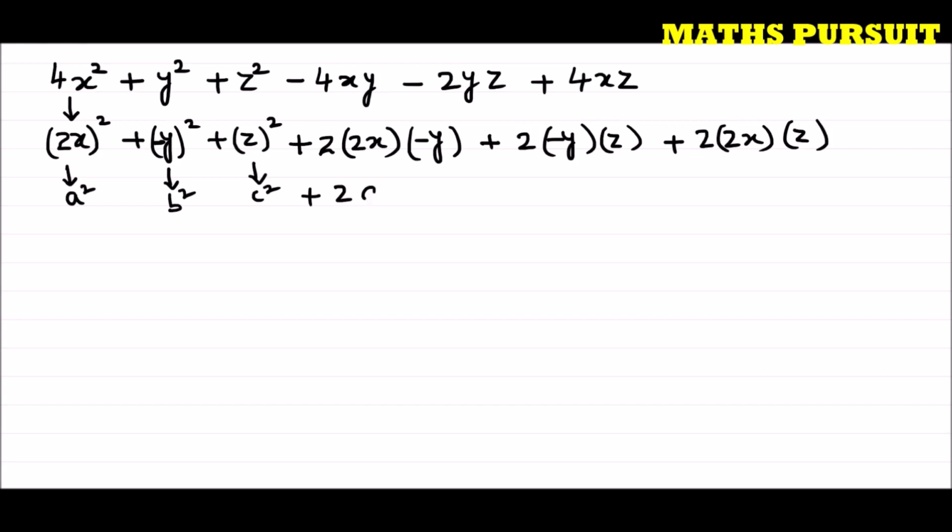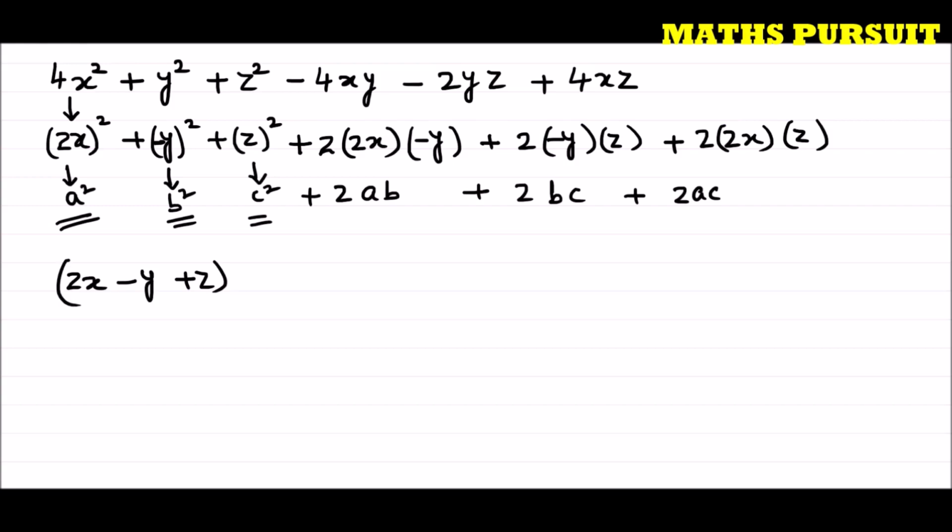So here I can write 2ab, plus 2bc, and plus 2ac. Now I can put this expression, where this is a to the power 2, b to the power 2 and c to the power 2, as 2x minus y plus z to the power 2.